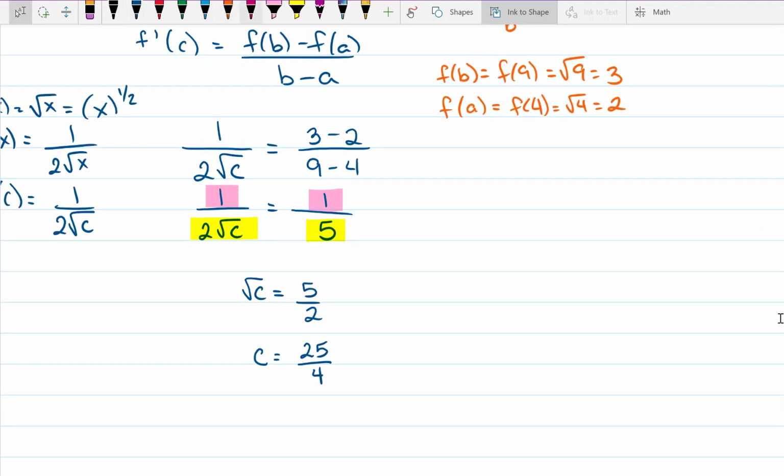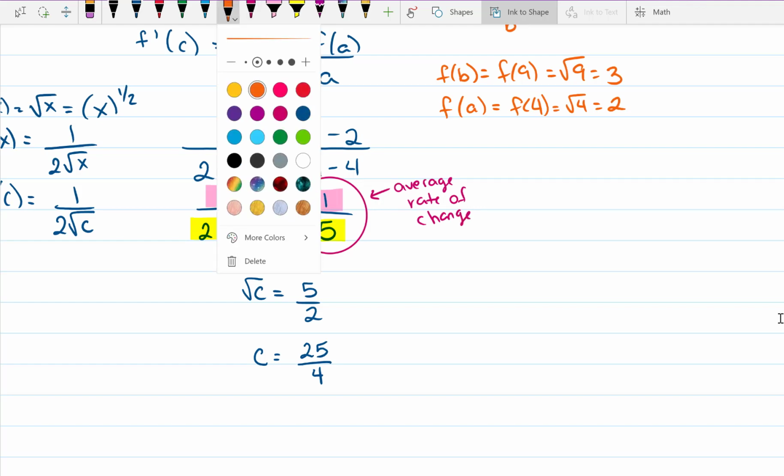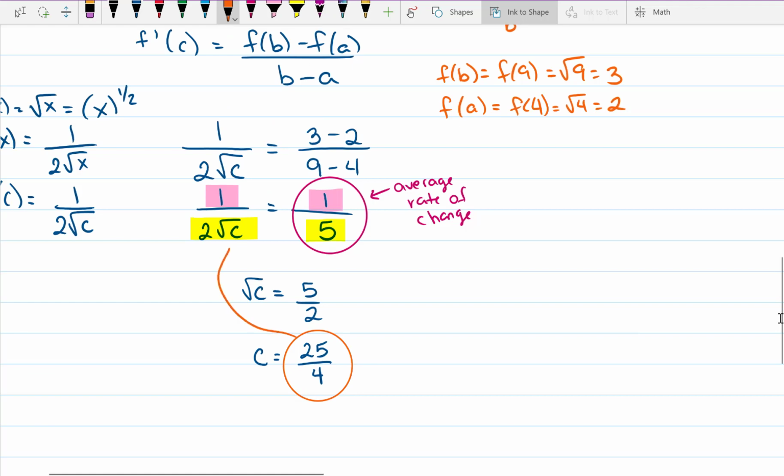And again, when I'm all said and done, remember that this 1/5 is my average rate of change. So when I take this c value and plug it in right here, I better get 1/5.